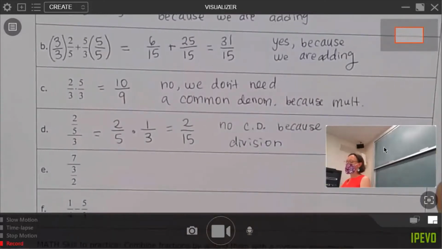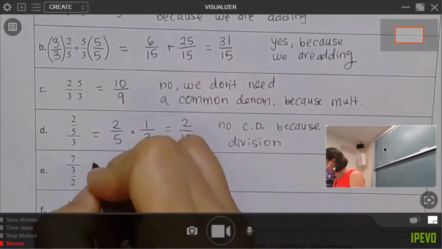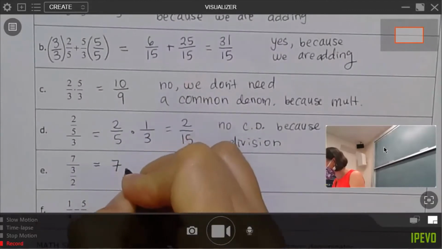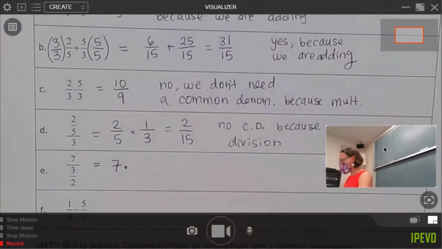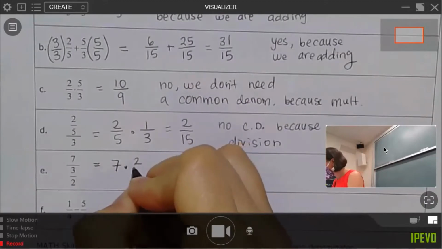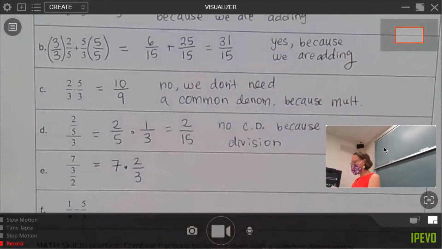So now if we go back to the actual problem here, this is saying that I have 7 times, and I'm going to skip to that flip and multiply step, times 2/3. Now on Friday, I had mentioned that you shouldn't let your handwriting get in the way of doing the math correctly. So whatever that means for you personally, that 7 in the numerator is still in the numerator.